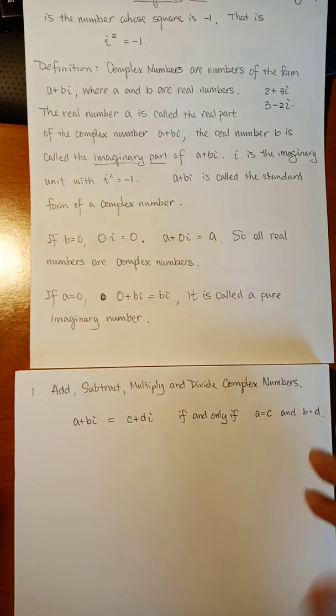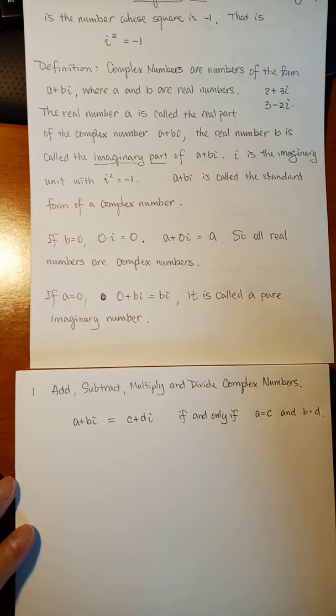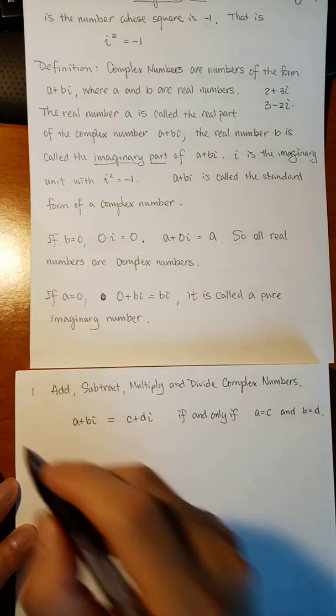This is about the comparison of two complex numbers. You can let them be equal by examining the real and imaginary parts.